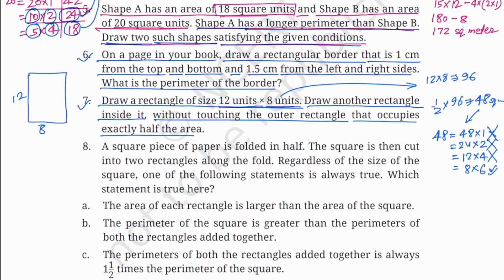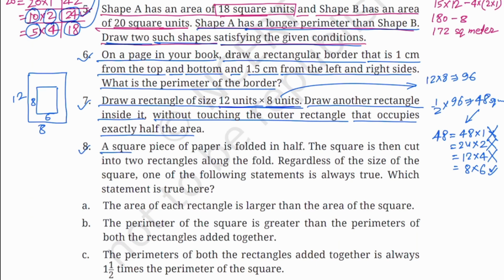So the answer will be 8 into 6. So the inner rectangle should have dimensions 8 and 6, that is length 8 and width 6, such that it doesn't touch the outer rectangle and has the area half of the area of original rectangle.